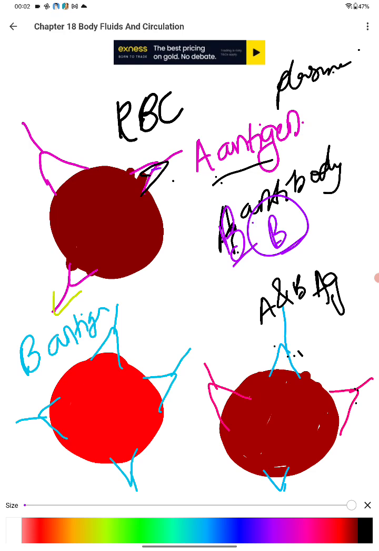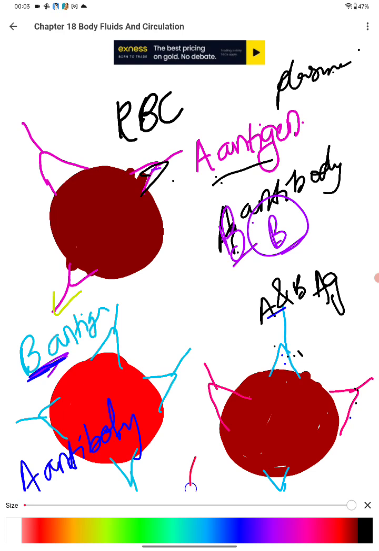So it cannot destroy the A antigen. Similarly, if the RBC has B antigen, then plasma has A antibody, so that it cannot destroy it. But what if the antigen on the RBC is A and B both?